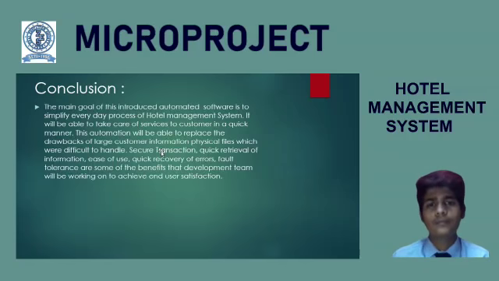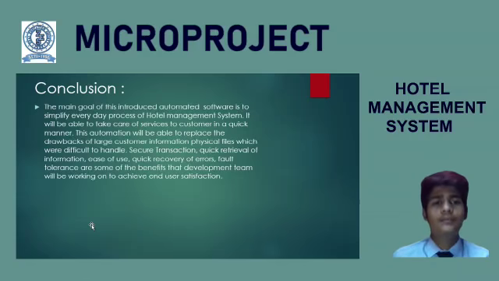Conclusion. The main goal of the introduced automation software is to simplify the everyday process of hotel management. It will be able to take care of service to customers in a quick manner. This automation will be able to replace the drawbacks of large physical customer information files, which were difficult to handle.